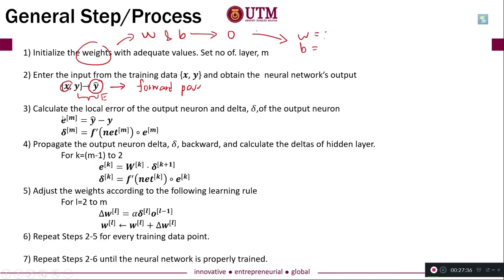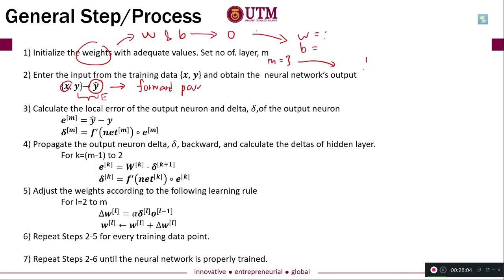Sorry to interrupt a bit. I forgot to define what M is. M is the number of layers. If the number of layers equals 3, it means that your M equals 3. Like our previous simple example, M is equal to 3, meaning that you will have 3 layers.